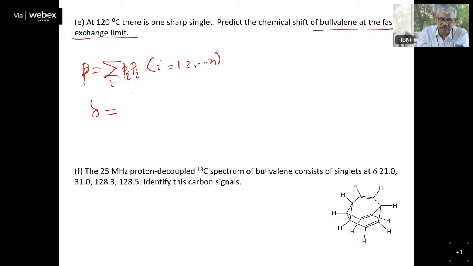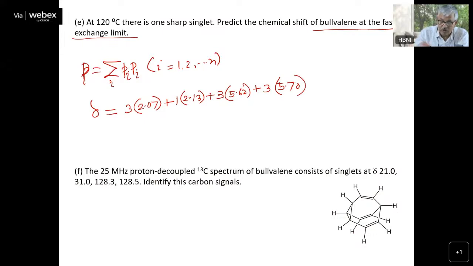you have to find out, so there are 4 groups of protons. So the first group of protons is 3 protons, and the chemical shift is, if you remember, 2.07 ppm, plus 1 proton into 2.13 ppm, plus 3 protons of the B group at 5.62 ppm, plus 3 protons at 5.70.